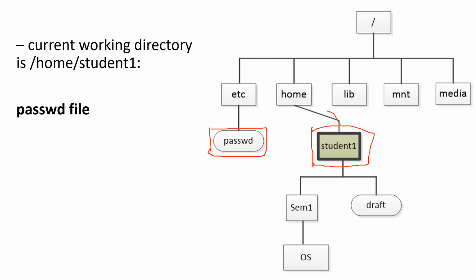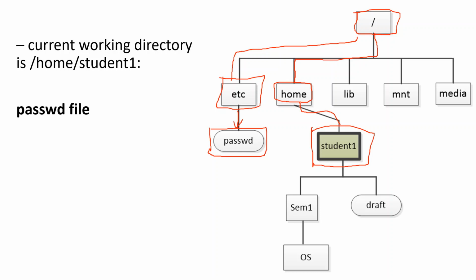We need to go up from student1, and then go to the top, and then go back down to etc, and only then can we reach the password file. So we are going up twice, and then only can we go down to etc and password.